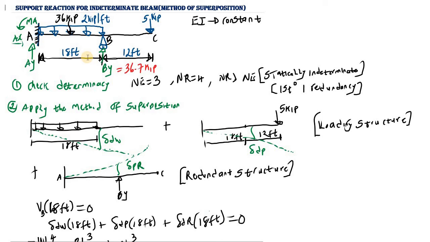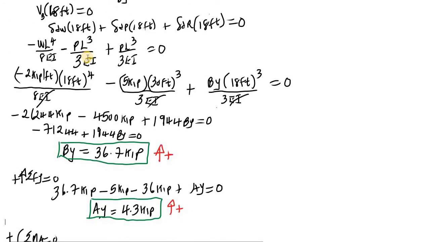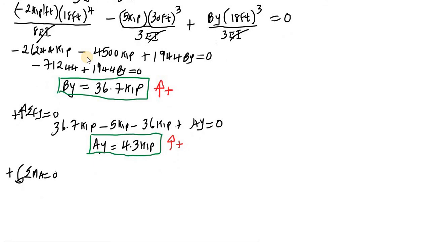So it's going to be 5 kip multiplied by 30 feet, and this is negative because it is moving in the clockwise direction. So it's negative 5 kip multiplied by 30 feet.